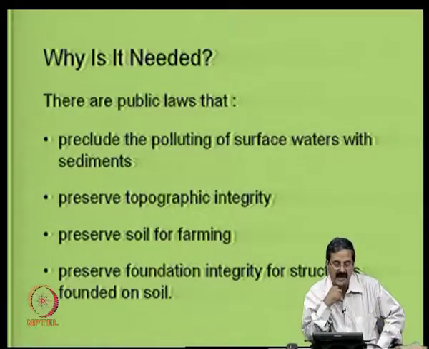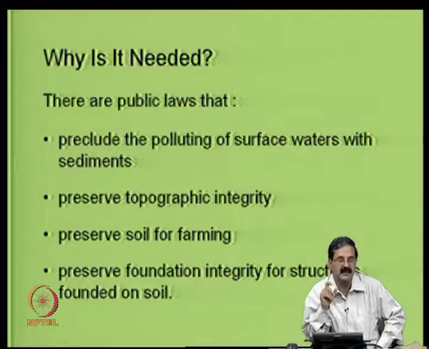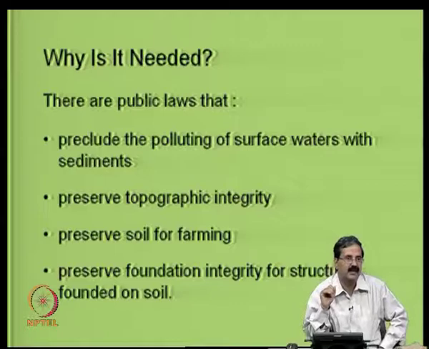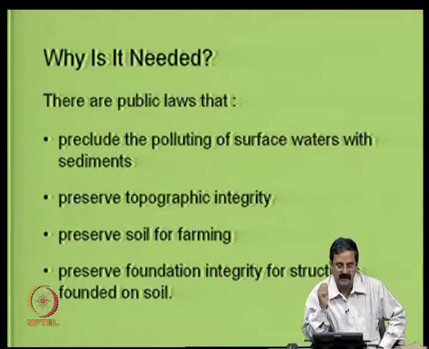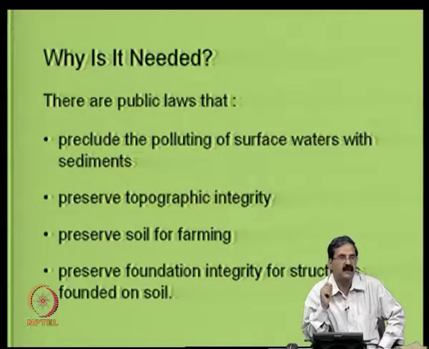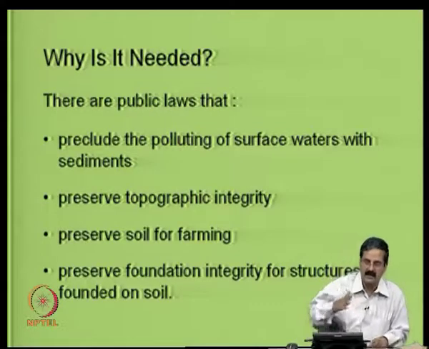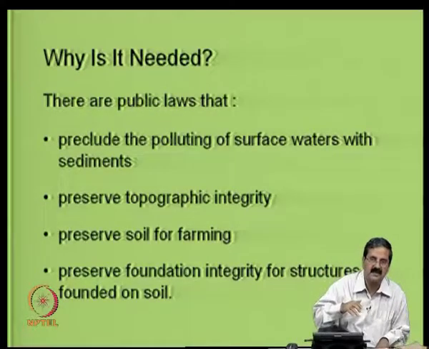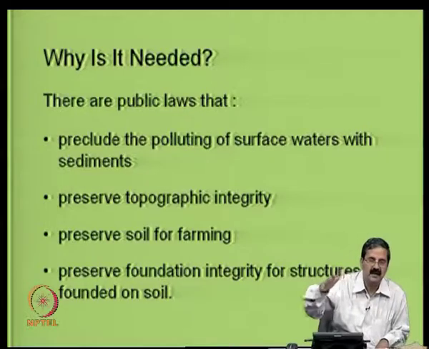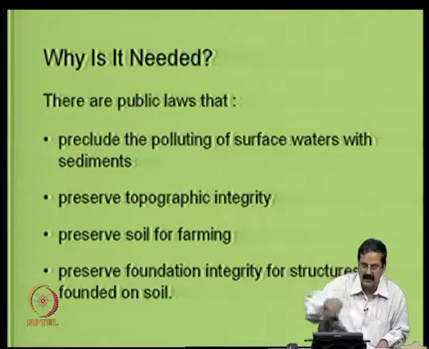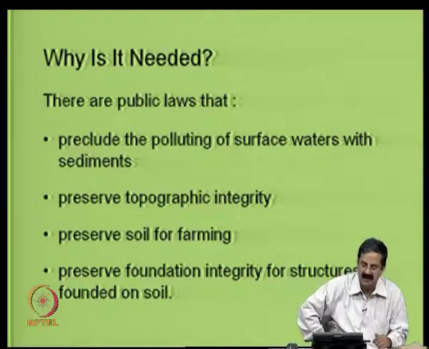And so if you have that, it prevents that contamination, it preserves the topographic integrity. As I said, topography is very important, we talk about climate change and all that, topography is a very important thing. So it preserves soil for farming, particularly in some places where you try to have farmlands on the hills, and if a lot of rain is coming, then the possibility is that all that material gets washed away, right.